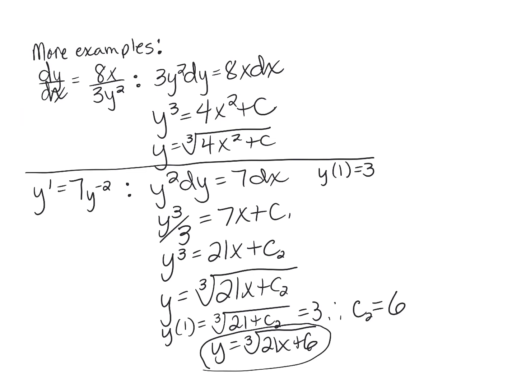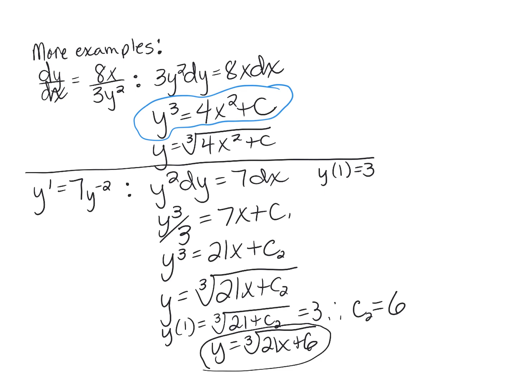Another example, given this equation right here, the dy is in the numerator, so we multiply 3y squared and we multiply dx, and we get this separated differential equation. Integrate the left with respect to y, I get y cubed. Integrate the right with respect to x, and I'm going to get 4x squared and a constant. So it is perfectly fine to leave your answer in this form right here.